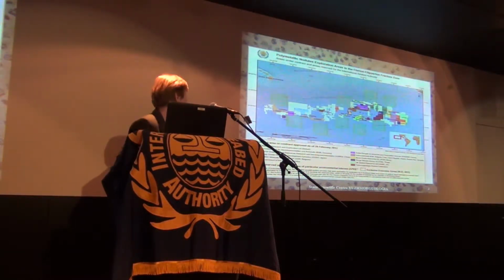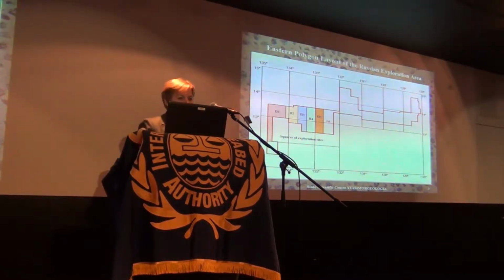The Russian area is situated almost in the center of the Clarion-Clipperton zone. This is in this picture. They present a different side of sampling, where they used each cruise.